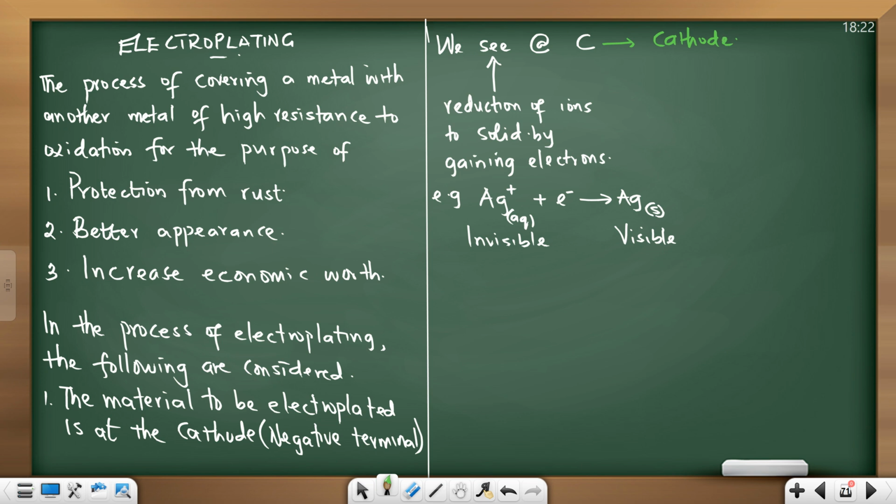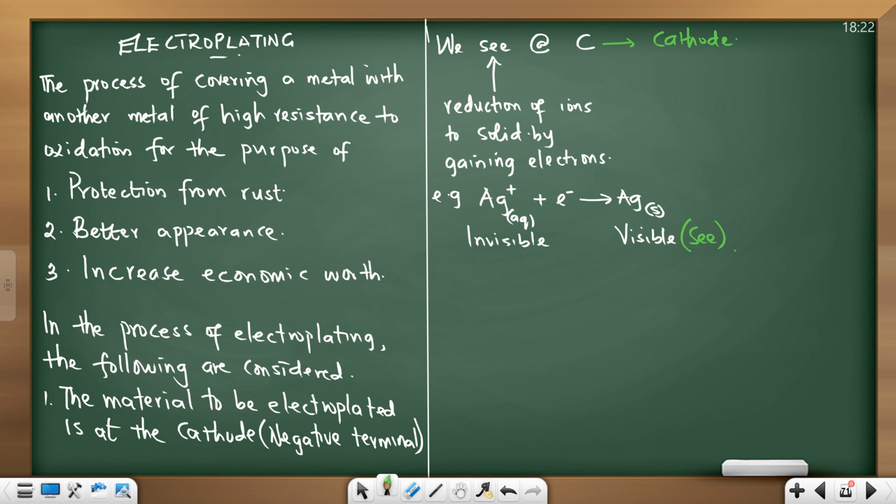So if I want to see gold on a particular metal, that metal or material must be connected to the cathode, because I am going to see at the cathode. I can only see something solid, something visible. Make sense? I see a solid.